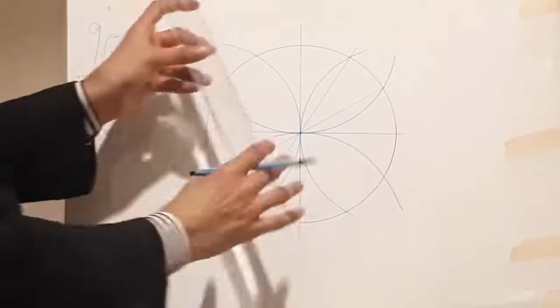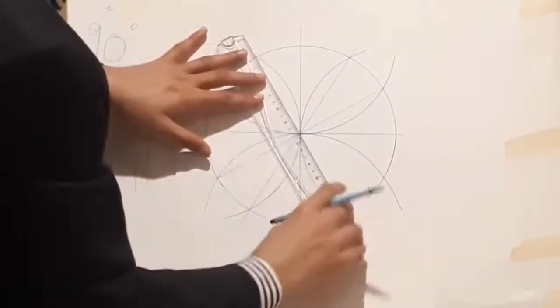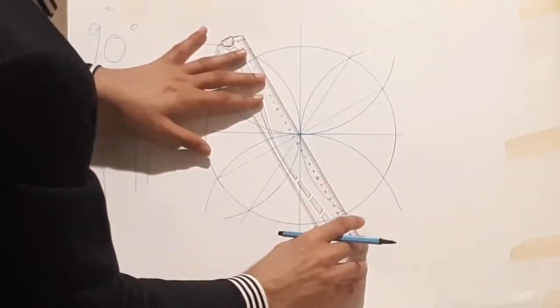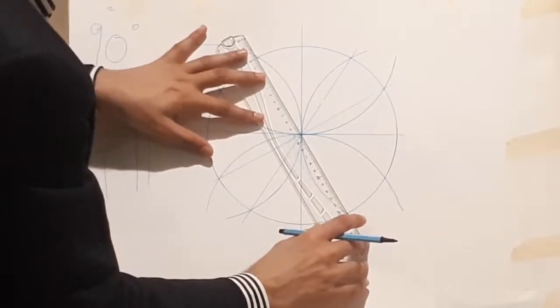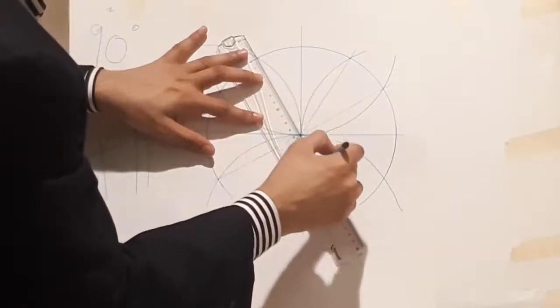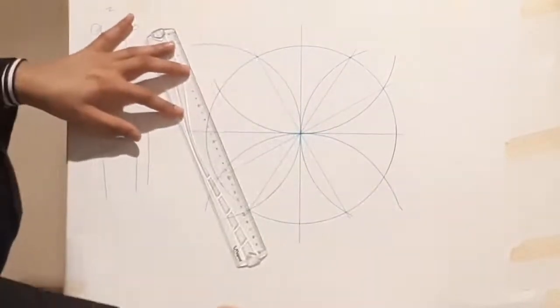So what you do is next, take a ruler and exactly pass from the point A, origin, and the end point.